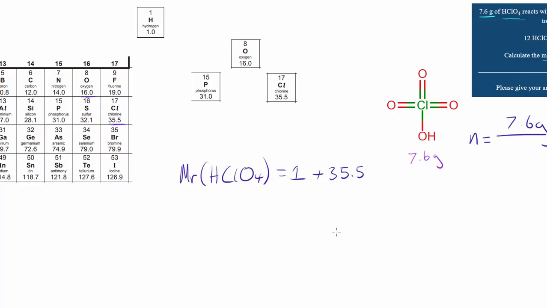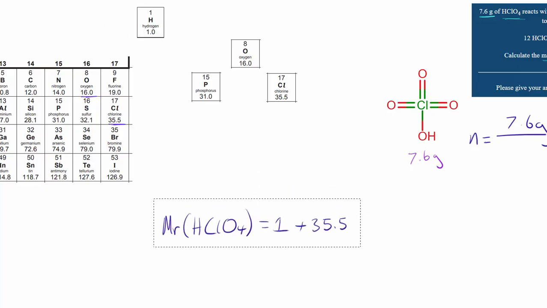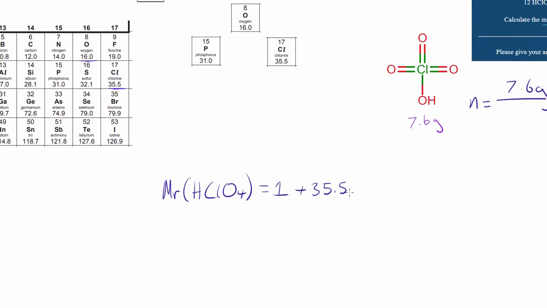Then for oxygen, it's going to be 16, but that occurs 4 times, so it's 16 times 4. If you calculate that, it's going to tell you the molar mass of the HClO₄. I would invite you to have a go and see what value you get.